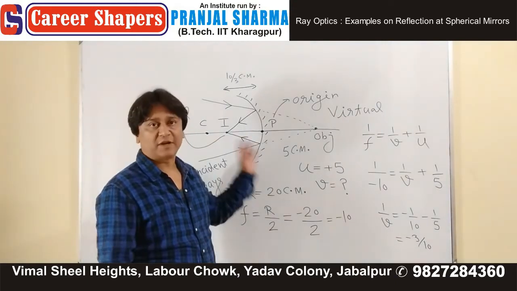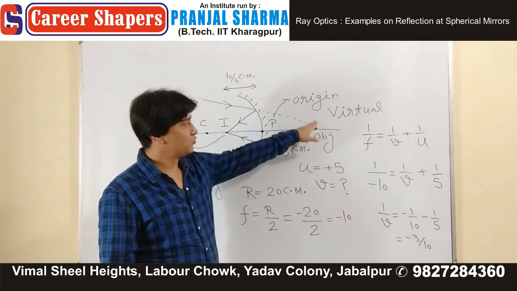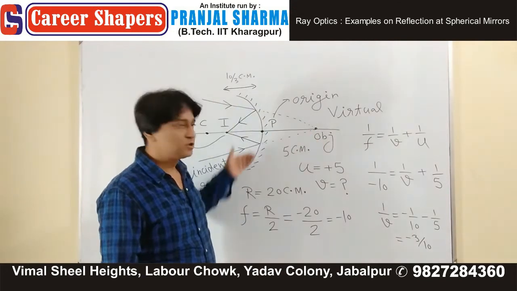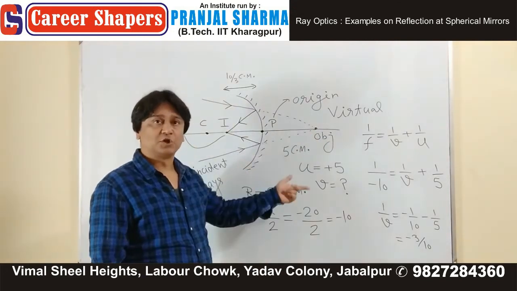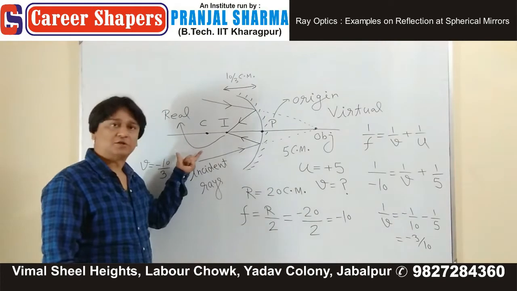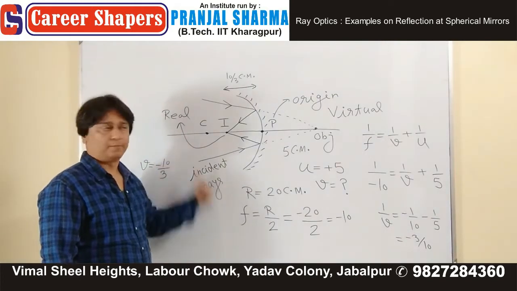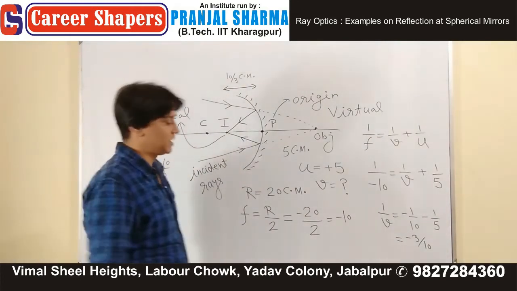That means we have a short answer type question. What happens if object is virtual and mirror is concave? And the answer is what? Image in that case is always what? Real. Write down this statement.